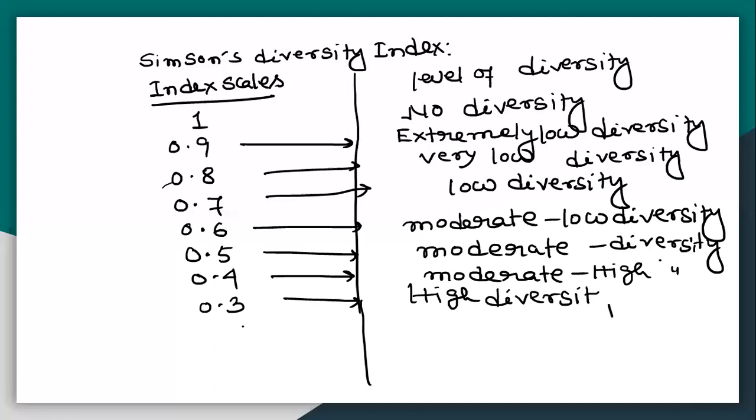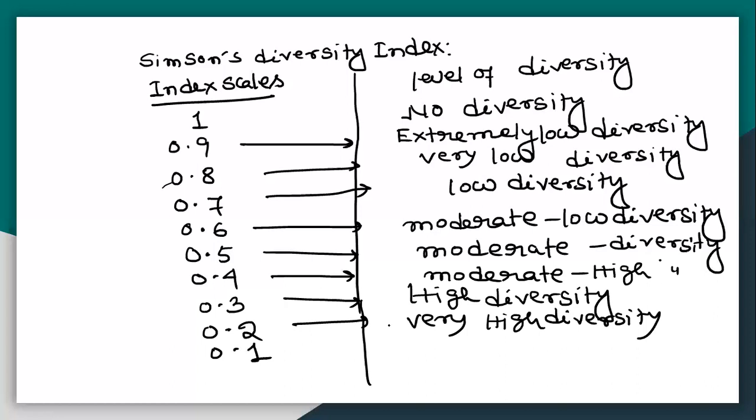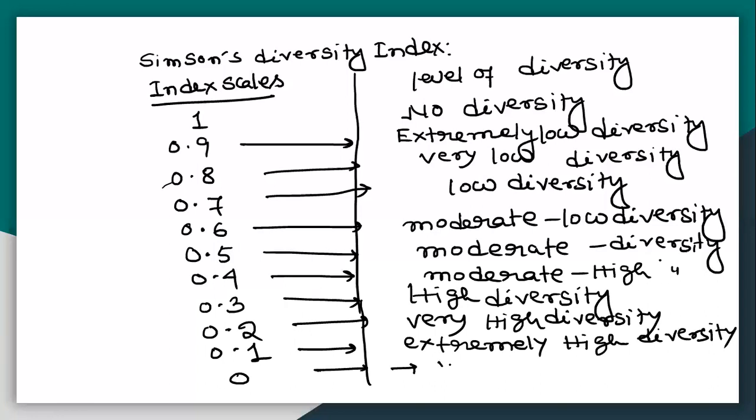If 0.2, then very high diversity. If 0.1, that is extremely high biodiversity. If the Simpson Diversity Index is 0, that means infinite diversity.